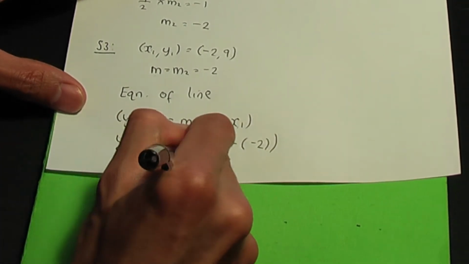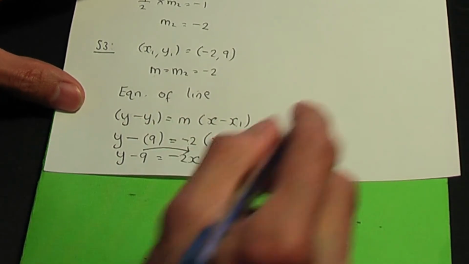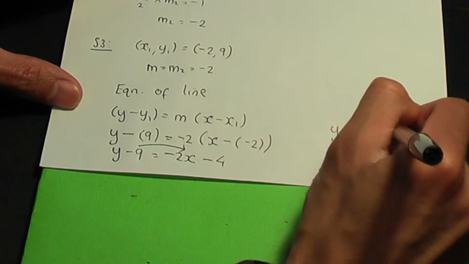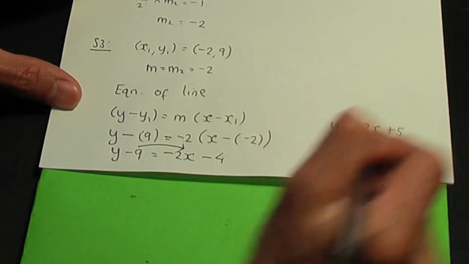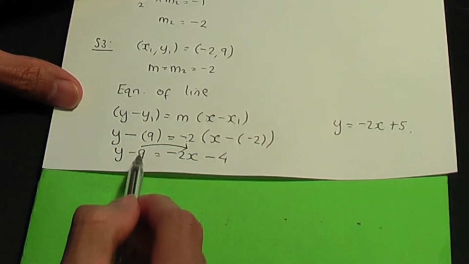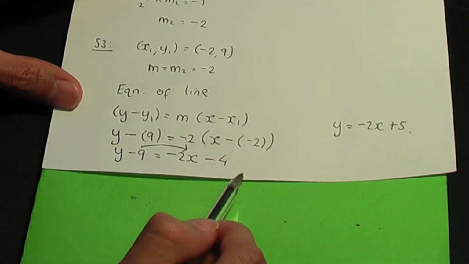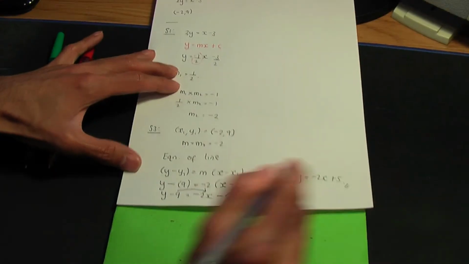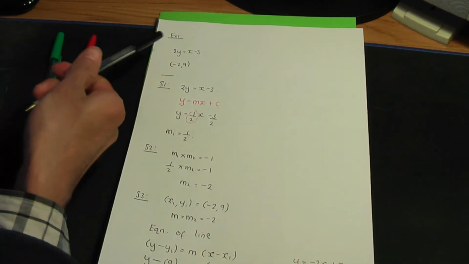If I therefore take the minus 9 to the opposite side, we're going to have y is equal to minus 2x plus 5. So minus 4 plus the 9 when moved to the opposite side is plus 5. This should be the solution to example number 1.